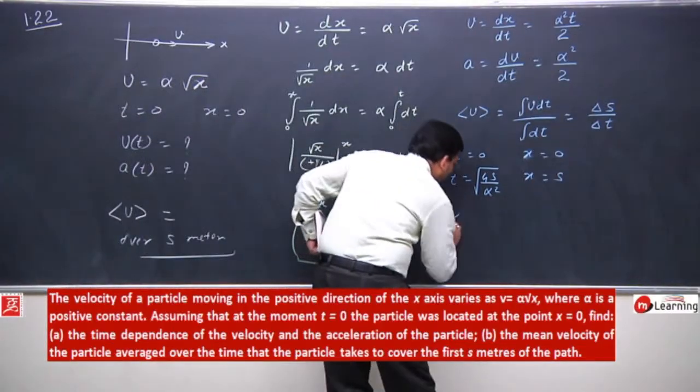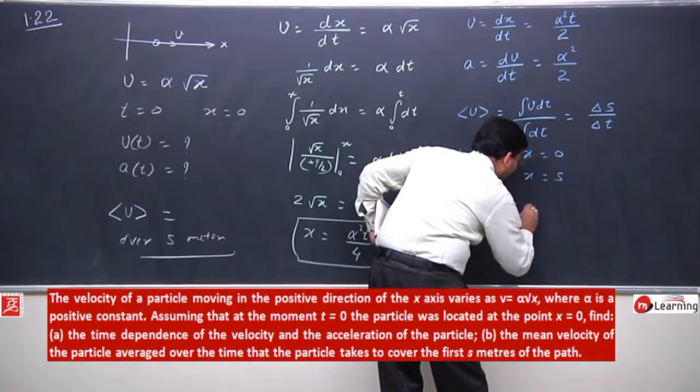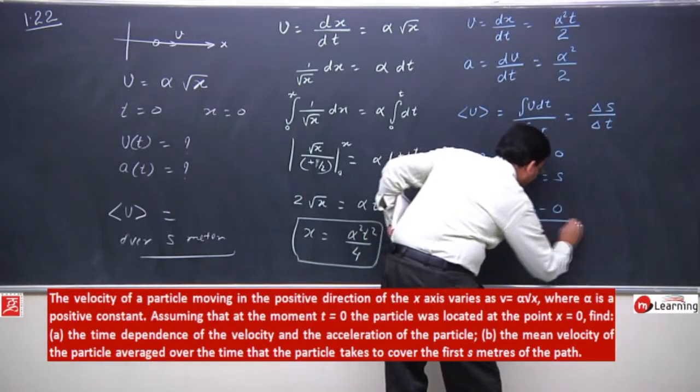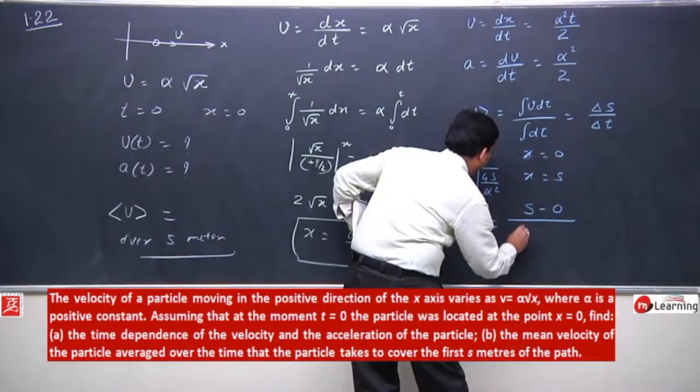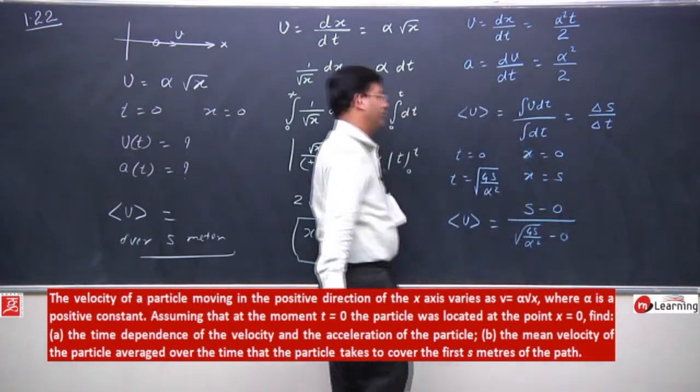Now mean velocity would be given as distance traveled, which is s minus 0, and time taken, which is under root of 4s by alpha square minus 0.